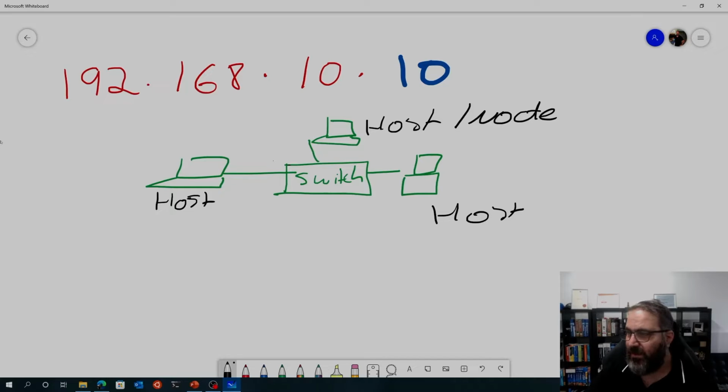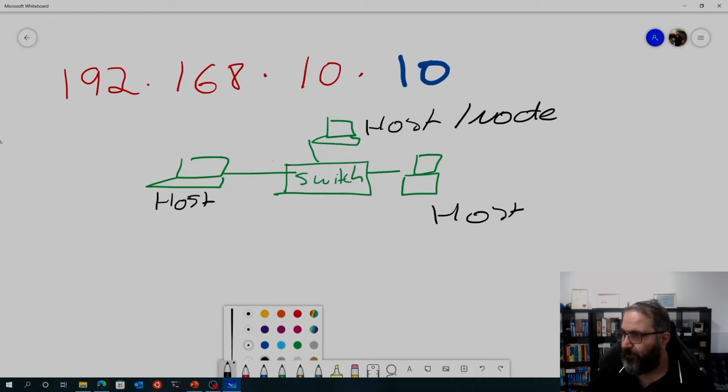But if you know a little bit of networking, if I've got a Cisco switch and I assign, say, VLAN 1 an IP address, then the switch does technically become a host. But for now, we're just going to look at the default configuration.